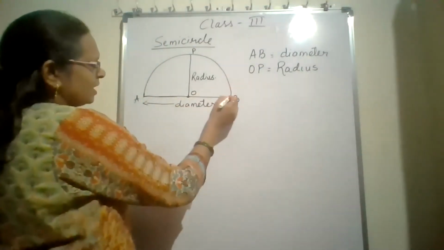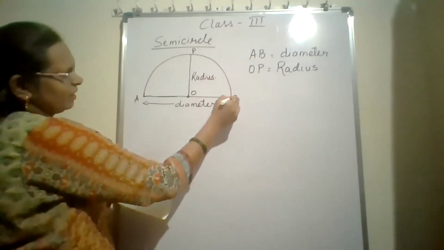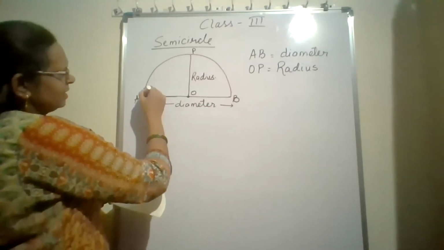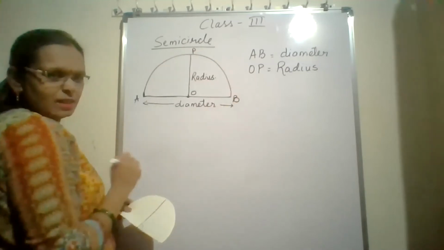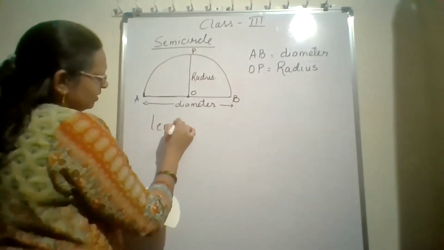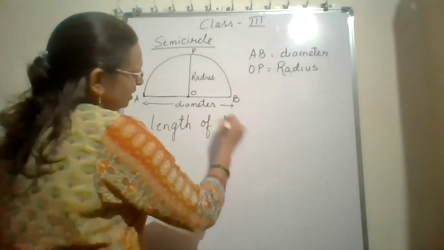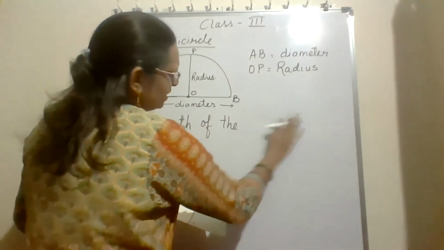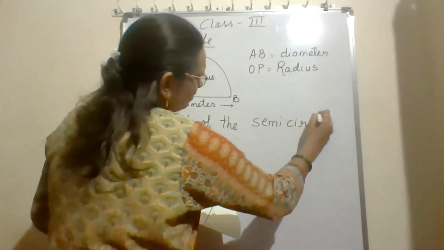And what is the circumference here? This arc. What is the length of the semicircle?